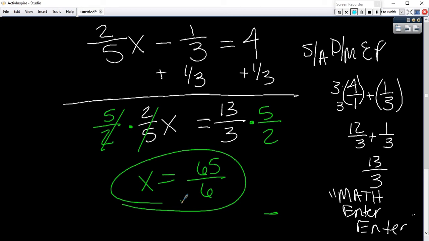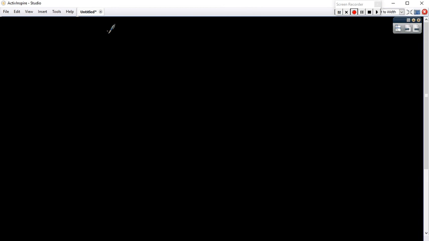For instance, let's say I have this, okay? A lot of you might want to distribute that side first. To me, that's a lot of work, and more work is more room for careless mistakes, right?